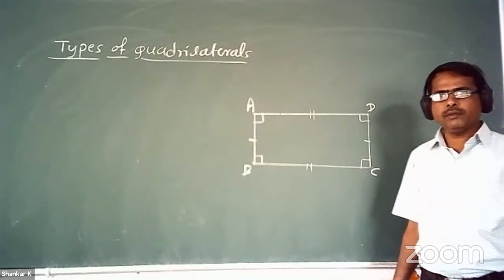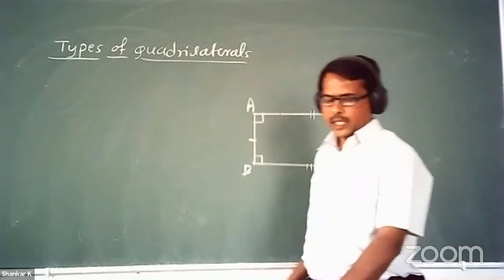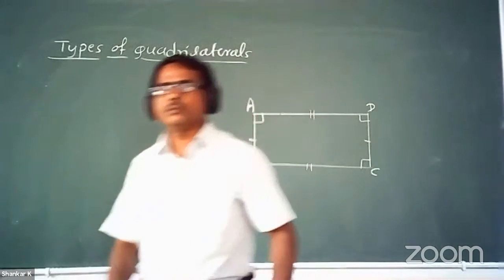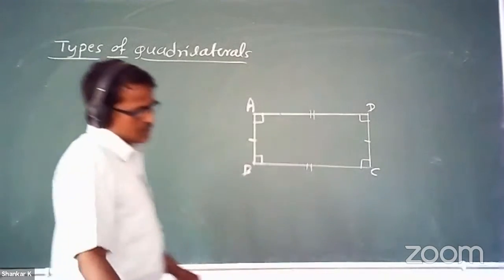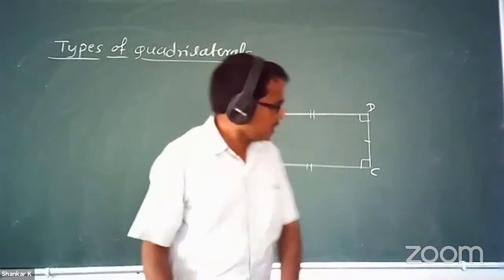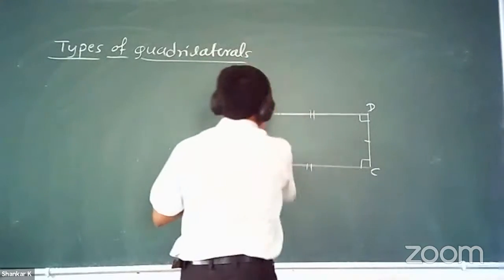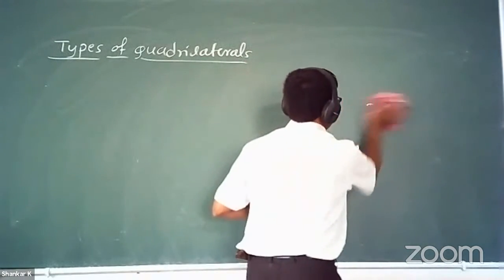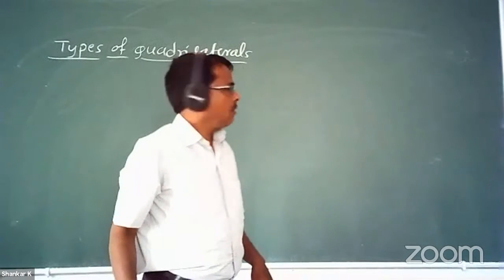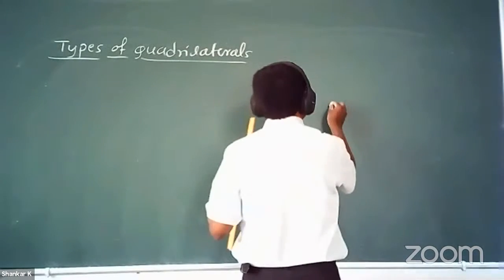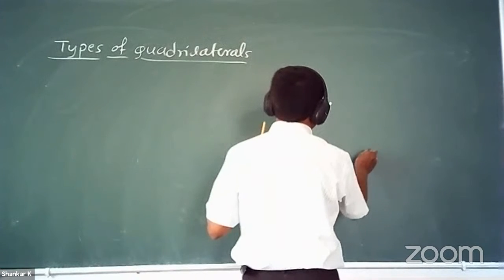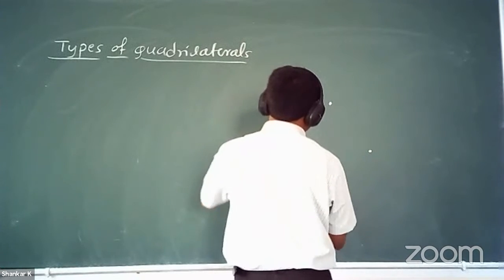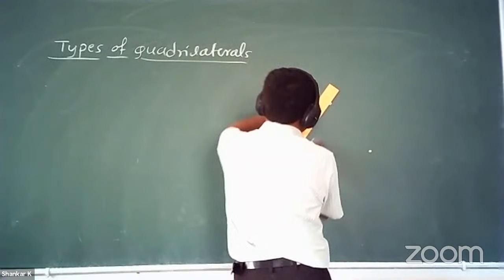That is the definition of a rectangle. You understood now, students? Next, one more. Rhombus. What is a rhombus? A rhombus is also a parallelogram in which all sides are equal. It looks like this.